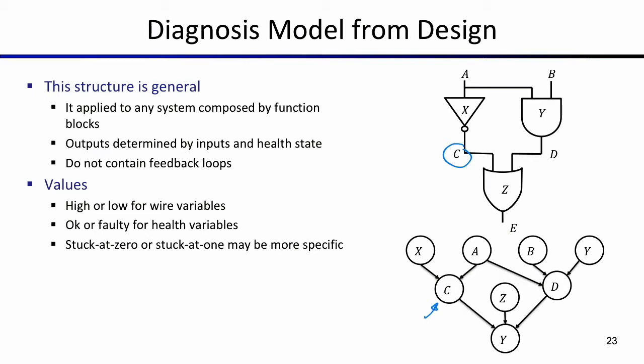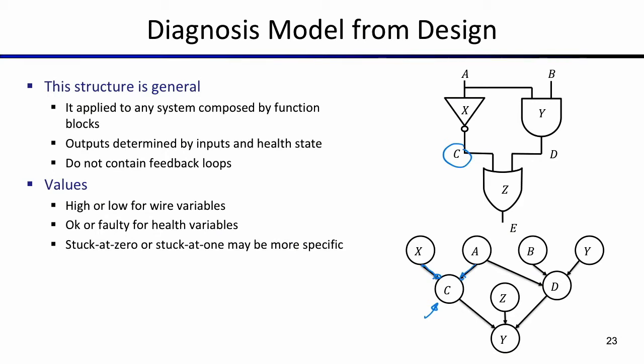One parent is what we expected, that is A. We expected that A will dictate the state of C, because this is an inverter gate, so C is going to be the opposite of A. When A is high, C is low, and when A is low, C is high. But we have a second piece of information here, that's X.